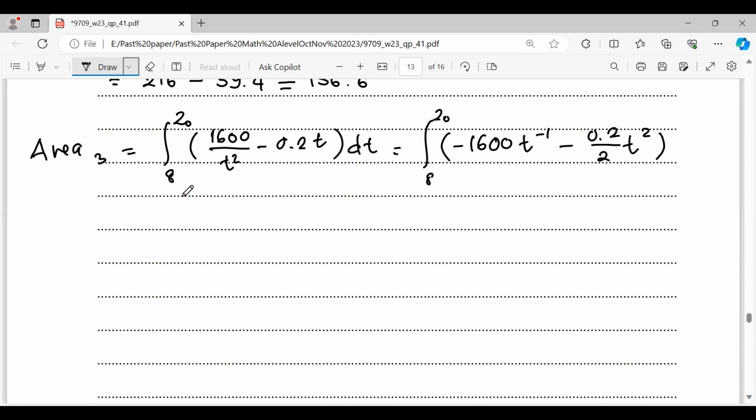Now substitute 20 and 8. It will be minus 1600 times 1 over 20, then minus 0.1 times 20 squared.